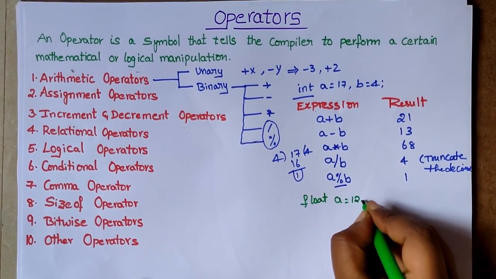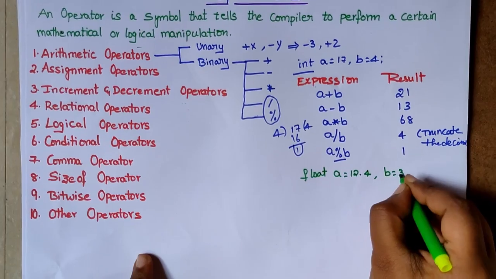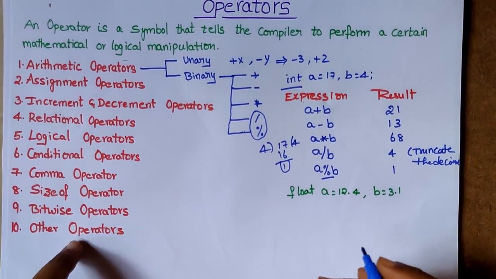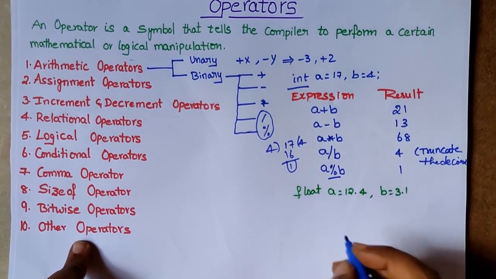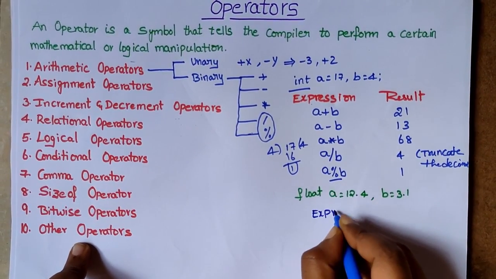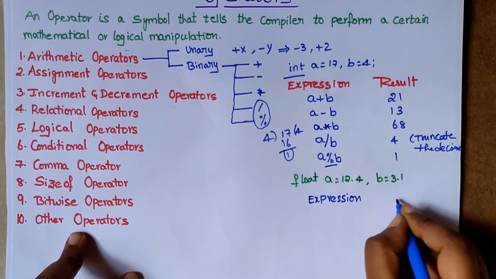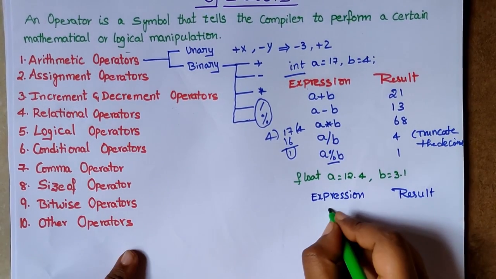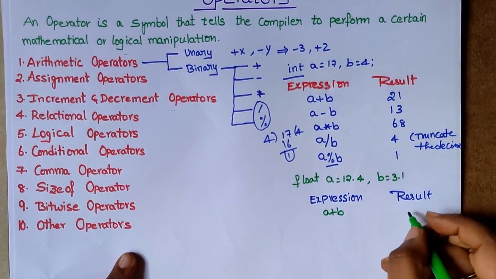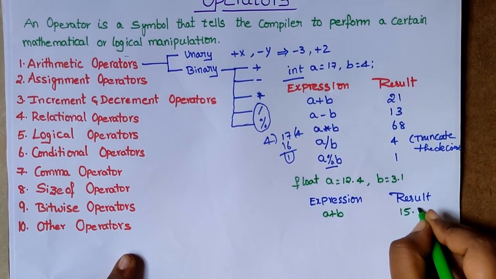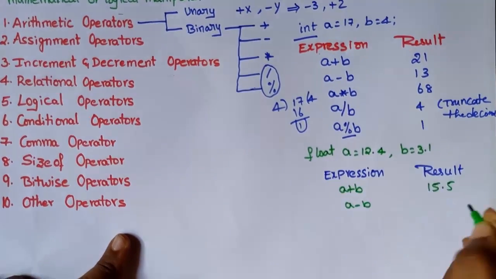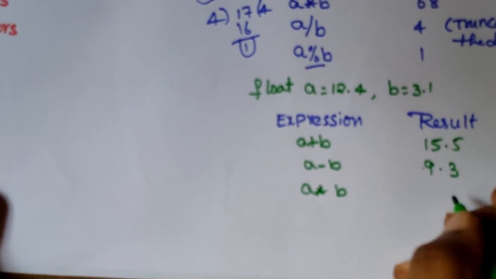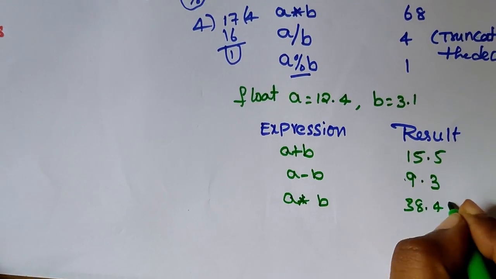Now I am going to take only float: float a equal to 12.4, b equal to 3.1. Here we are going to do these operations also, expression and result. A plus b is 15.5. A minus b is 9.3. And a into b is 38.44.